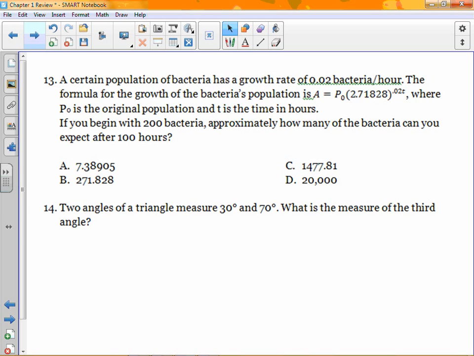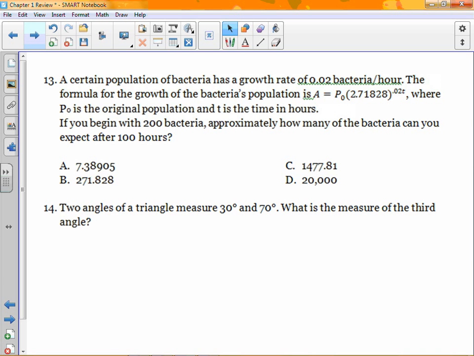A certain population of bacteria has a growth rate of 0.02 bacteria per hour. Here's a formula, A equals P sub 0 times 2.71828 to the 0.02t, where P sub 0 is the original population and t is the time in hours.